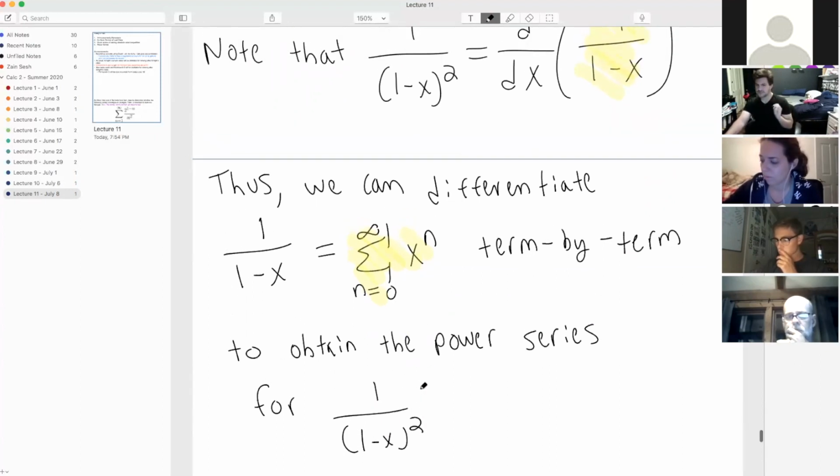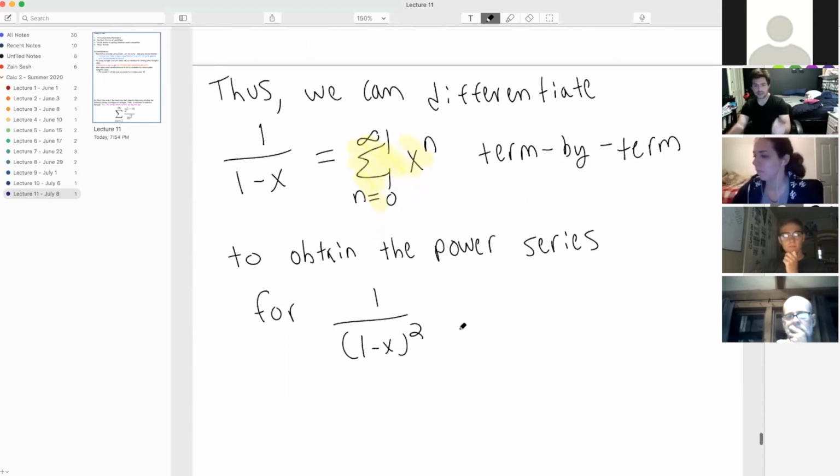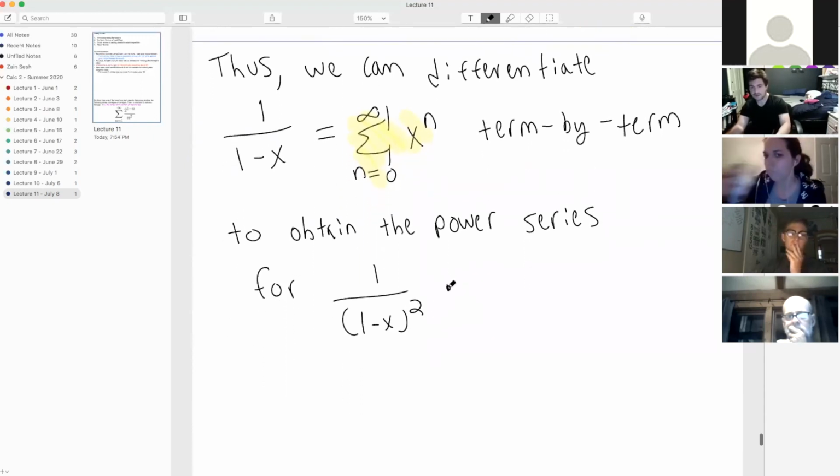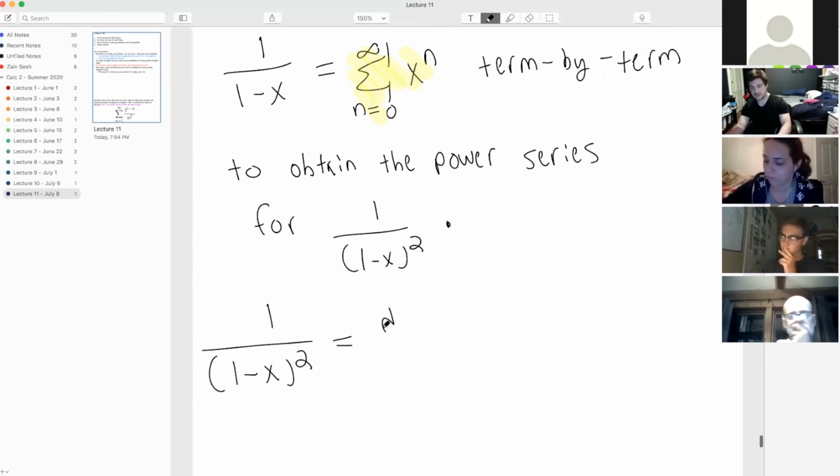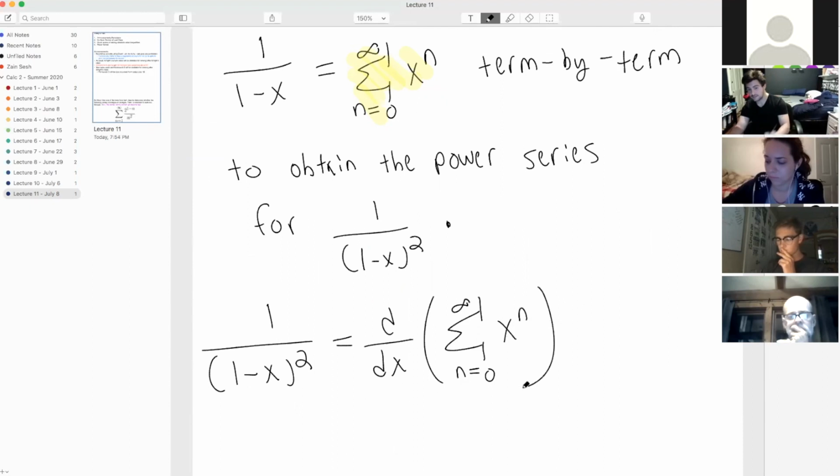Okay, so I hope the strategy of the theorem is clear, and how we're using the theorem. Very good. So this is now a very simple matter. So here we go. We have that 1 over 1 minus x squared is d by dx of the infinite series of x to the n, okay?